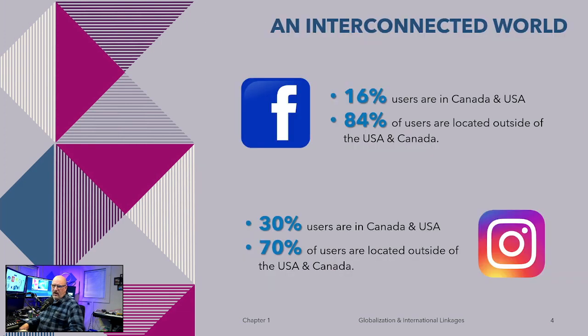Social media plays a large role in that interconnected world. In your book, pages 2 and 3, it talks about Evan Spiegel of Snapchat. A few years ago, Mark Zuckerberg, Facebook guru, offered him $3 billion for Snapchat. If he'd accepted that offer, he would have become a billionaire instantaneously.